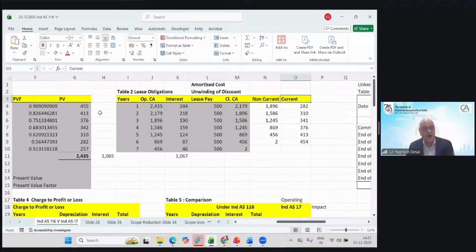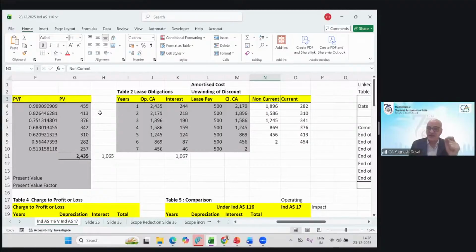When it comes to the ROU asset, you have to classify it always as non-current assets. But let me tell you one thing. ROU may be disclosed; it need not necessarily be presented on the face of the balance sheet. It may be a part of the notes to accounts as a part of the property, plant and equipment notes.